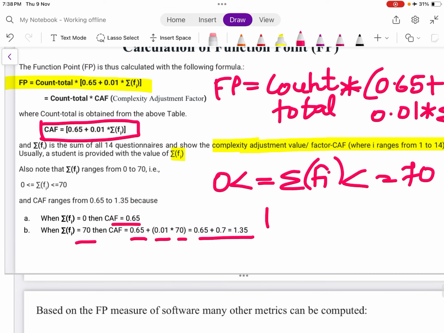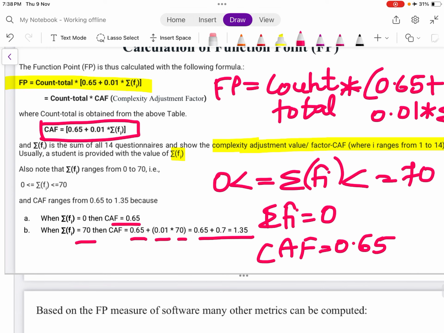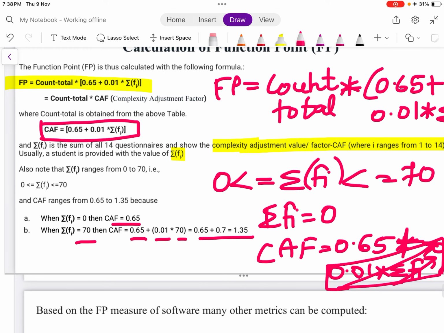If you put summation of Fi equal to 0, then CAF will be what? 0.65 plus 0.01 into summation of Fi, but this summation of Fi is 0. 0 into anything is 0. So this whole term becomes 0. So you're left with just 0.65.